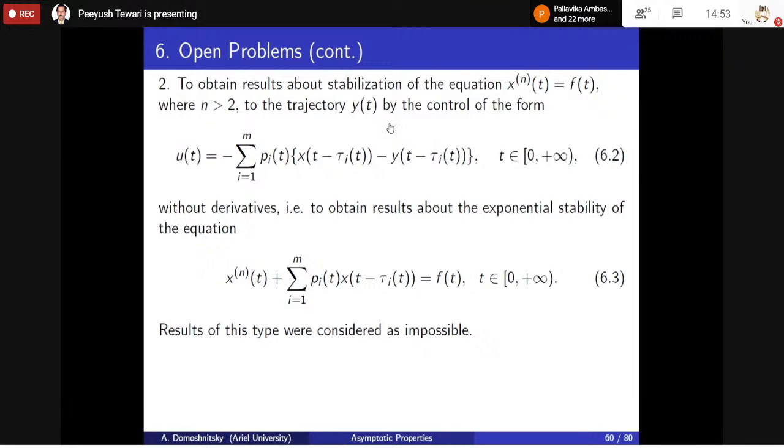That is why delay appears very naturally in all these models, and we have to analyze the influence of this delay. And you see that in many cases, delay helps us to stabilize the process.